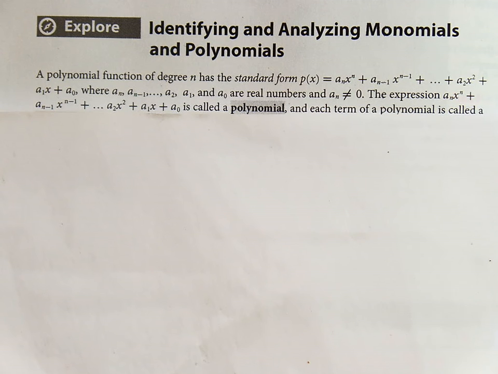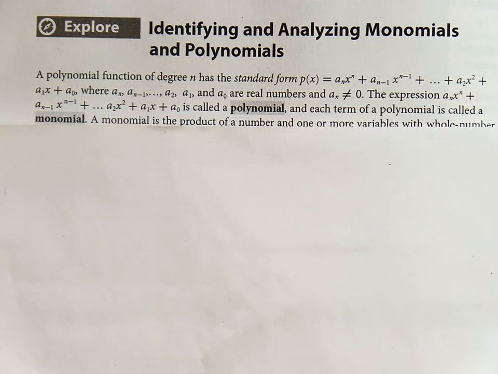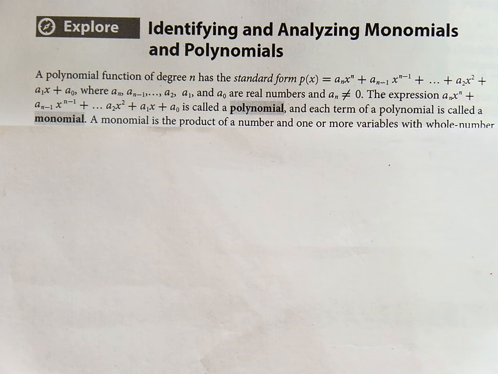So when we have our given expression, this is called a polynomial. And each term of the polynomial is called a monomial. So remember, a term is a group of numbers and variables that are separated by addition and subtraction.